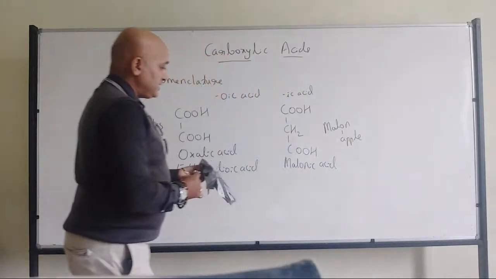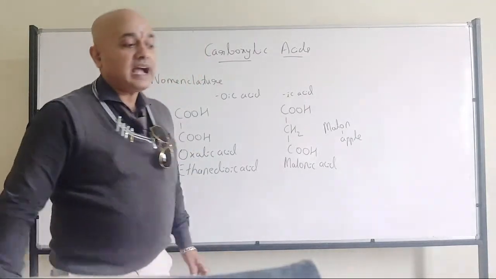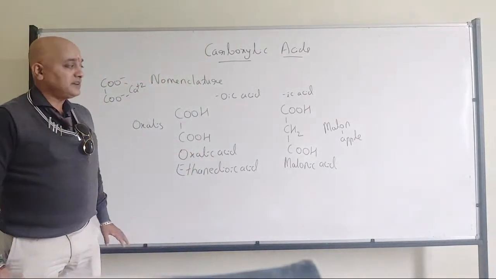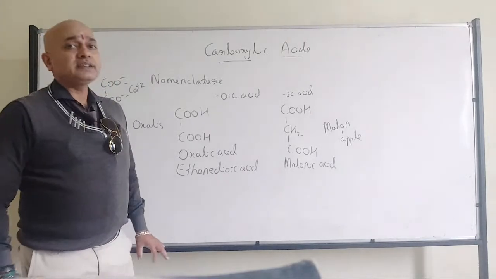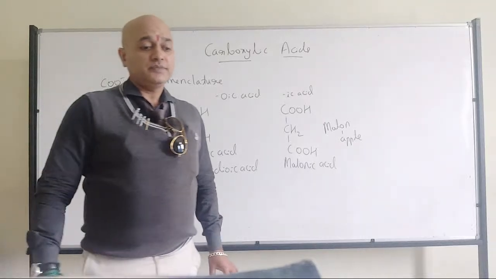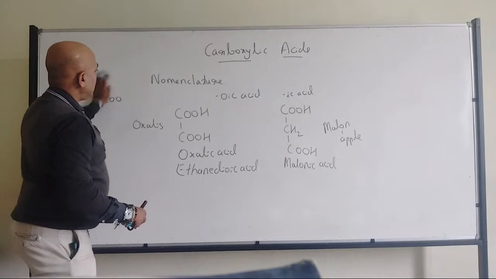They first found it in the apple, that's why they kept the name malonic acid. So what can be the IUPAC name for malonic acid?